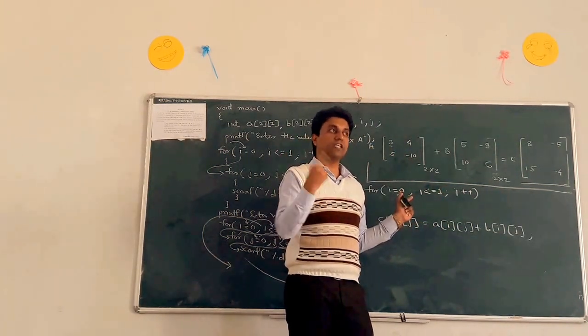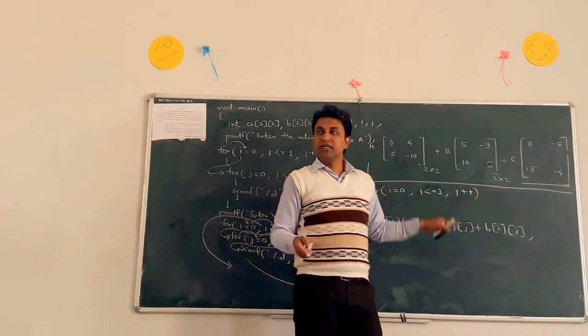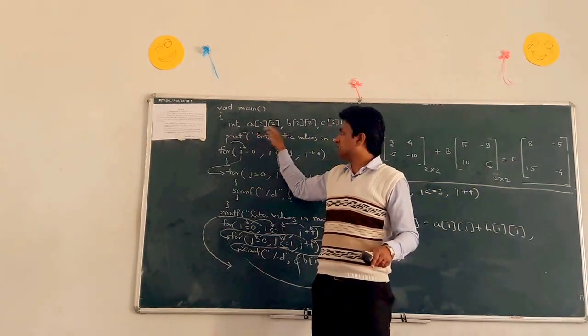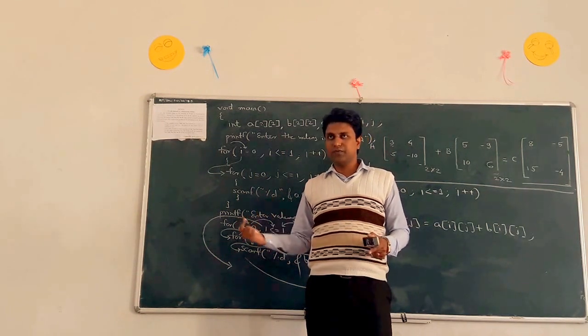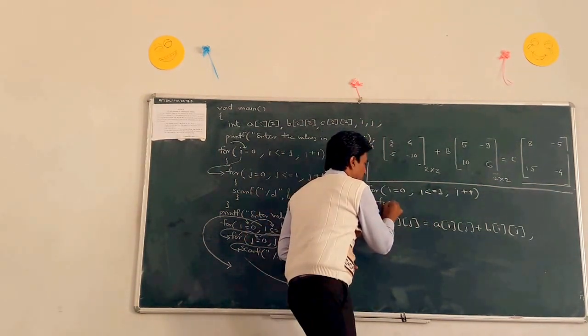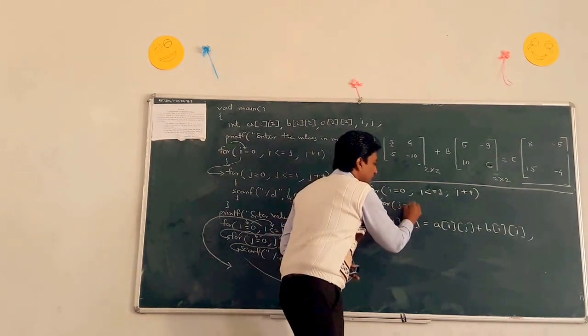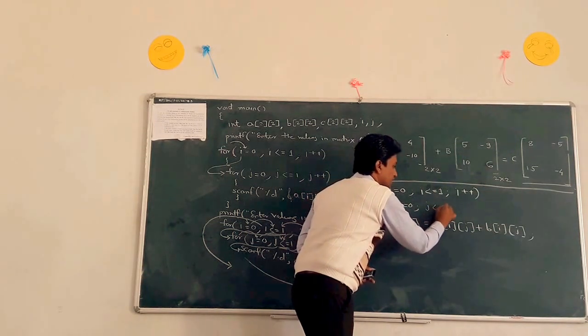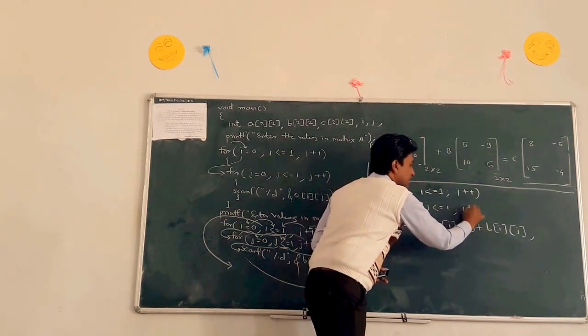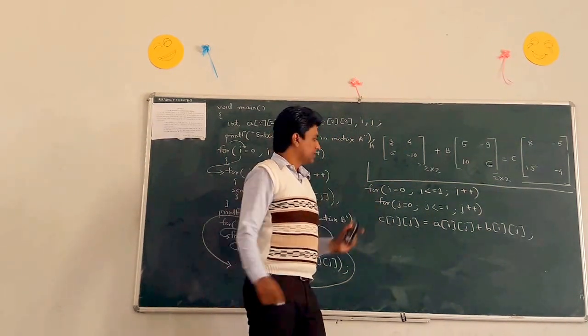If the number of rows is 3, then i less than or equal to 2. It depends on the size of the matrices: 2 by 2, 3 by 4, whatever it may be. Clear? Next, the for loop for j column: j is equal to 0, j less than or equal to 1, j plus plus.